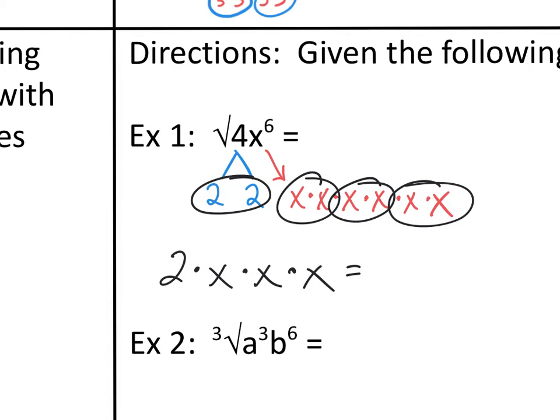What's that? 2. 2, and then x times x times x. Yep, x cubed. When you multiply variables, you add the exponents. So that just becomes 2x to the 3rd power. Questions on that? Okay, let's do another one.